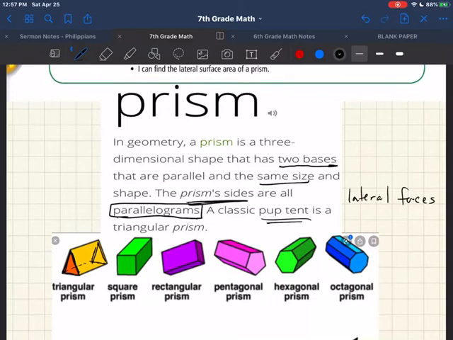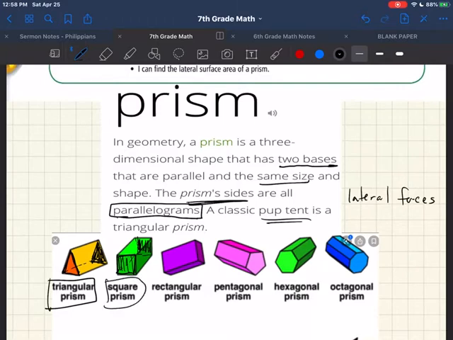On the opposite side of the tent, there's another identical base just like it, and it is a triangle. Since the base is a triangle, it is called a triangular prism. Since this base is a square, and we can imagine that this goes back to the other side, and this side back here is a square, it's a square prism.